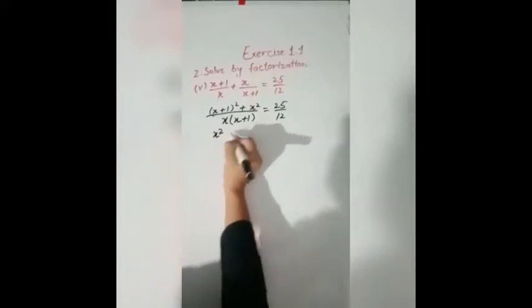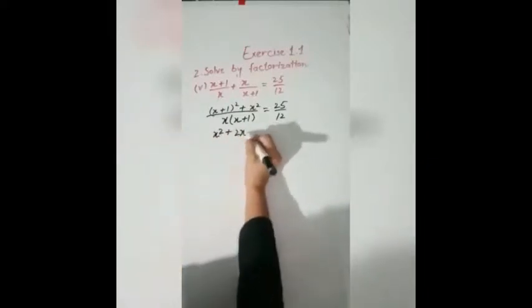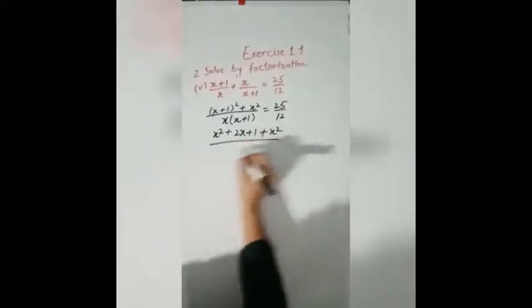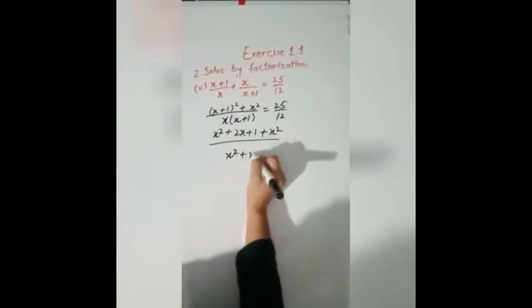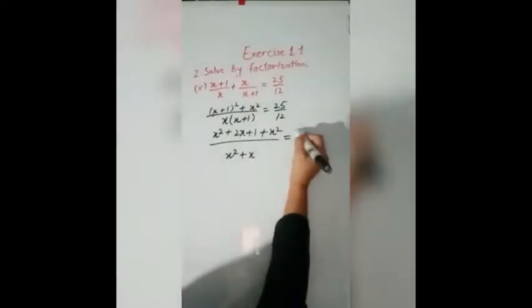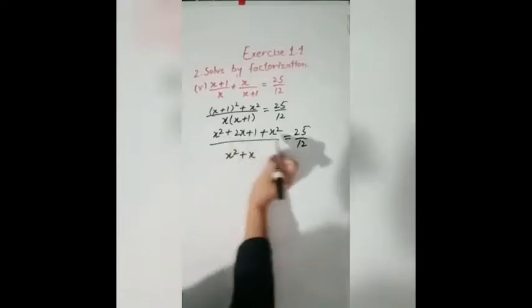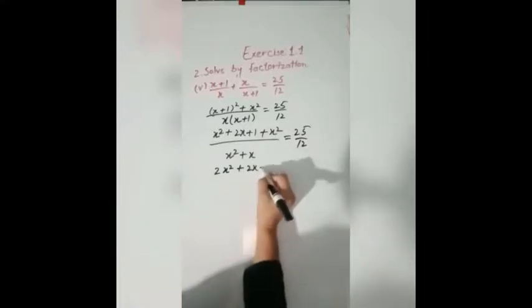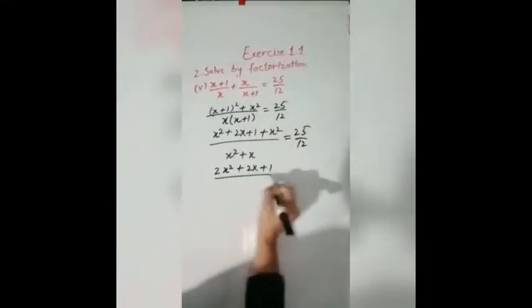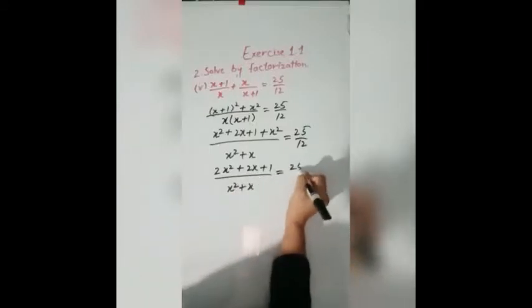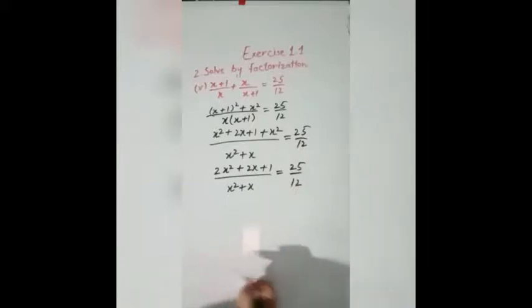Now x square plus 2x plus 1 plus x square over x square plus x is equal to 25 by 12. Here x square and x square is 2x square plus 2x plus 1 over x square plus x is equal to 25 by 12. Now we have to cross multiply.